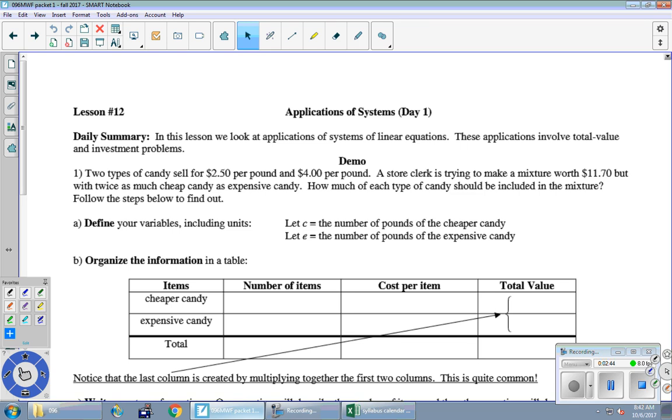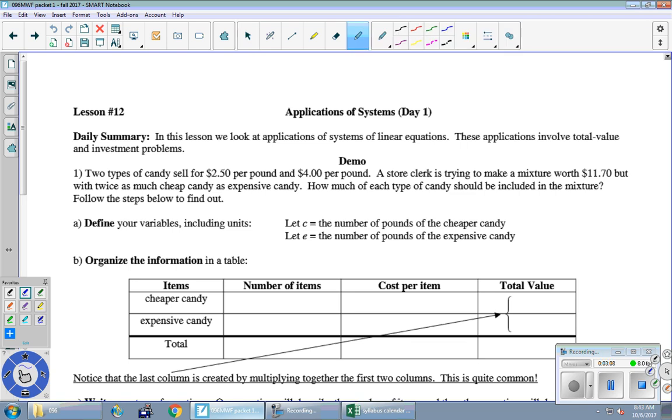So some of the $4 stuff and some of the $2.50 stuff, but with twice as much of the cheap candy as the expensive candy. And it turns out there's only one way to do that, only one combination, so many pounds of the cheaper stuff and so many pounds of the expensive stuff, where you have twice as much of one and it's worth $11.70 exactly. How much of each type of candy should be included in the mixture?